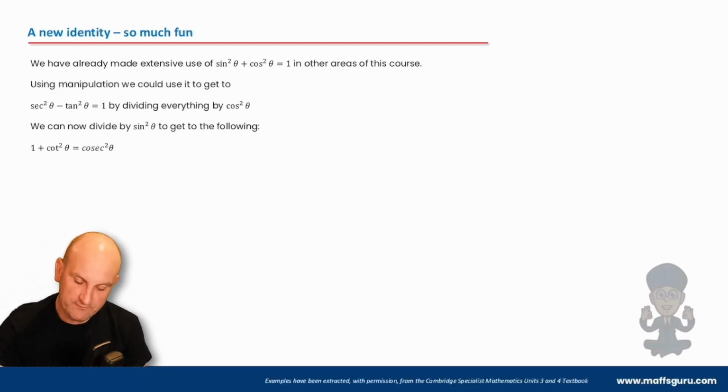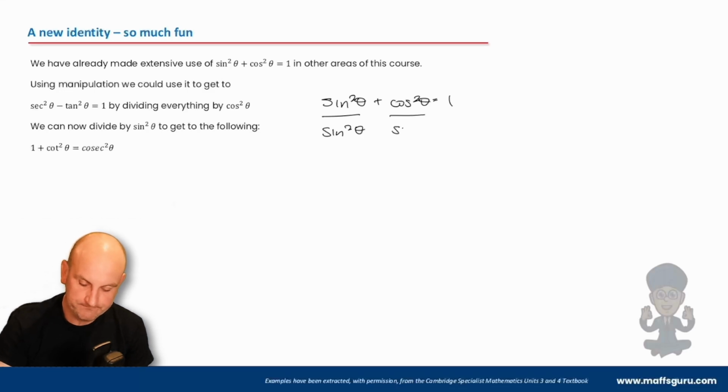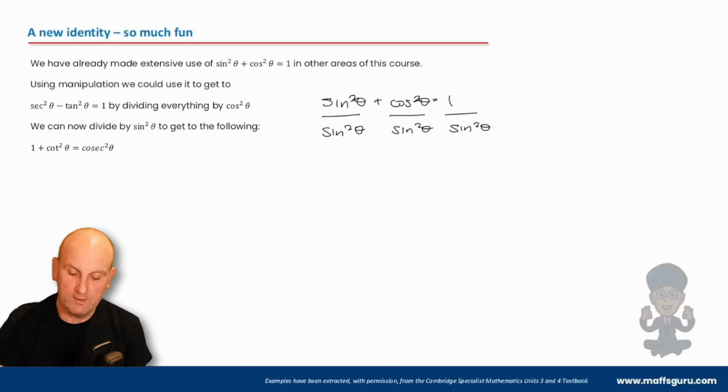For example, if I've got sine squared theta plus cos squared theta equals 1, and I divide both sides by sine squared theta. Well, sine squared divided by sine squared is 1. Cos squared divided by sine squared.